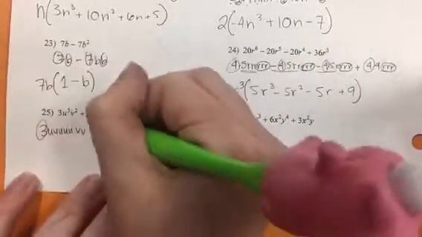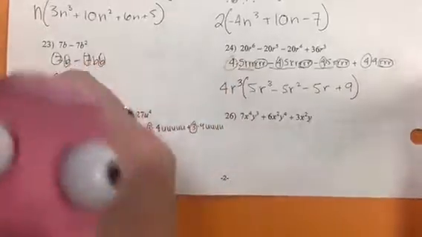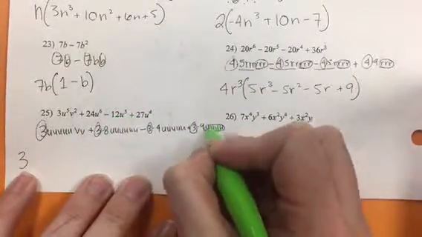So I can take out the 3's, and I can take out a total of 4 u's.